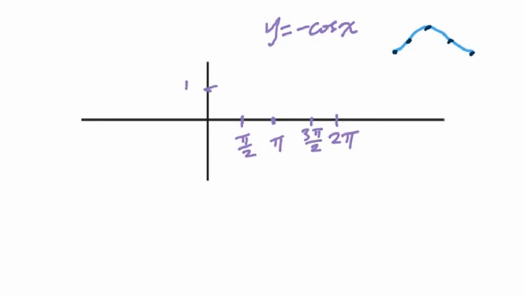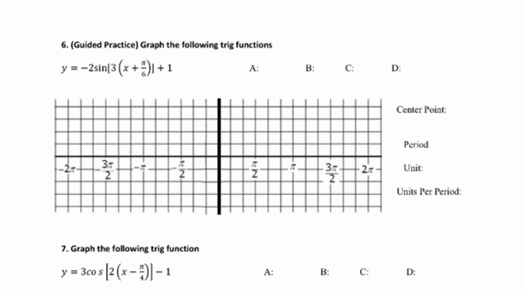Then we got 1, here's negative 1. This time we get started from minimum, then going up, like this. So we can connect these 5 points. Yeah, that's the graph. Let's go to guided practice.